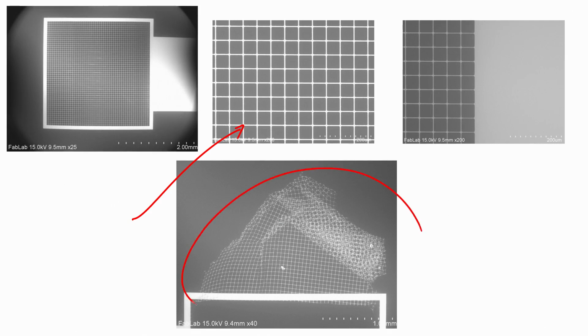Again this is because of skipping the process or not following the recipe correctly. We can see the micro grid detaching from the pad. This is a failure, but it should be like this, not like this. Okay. On this micro grid we place the tissue.